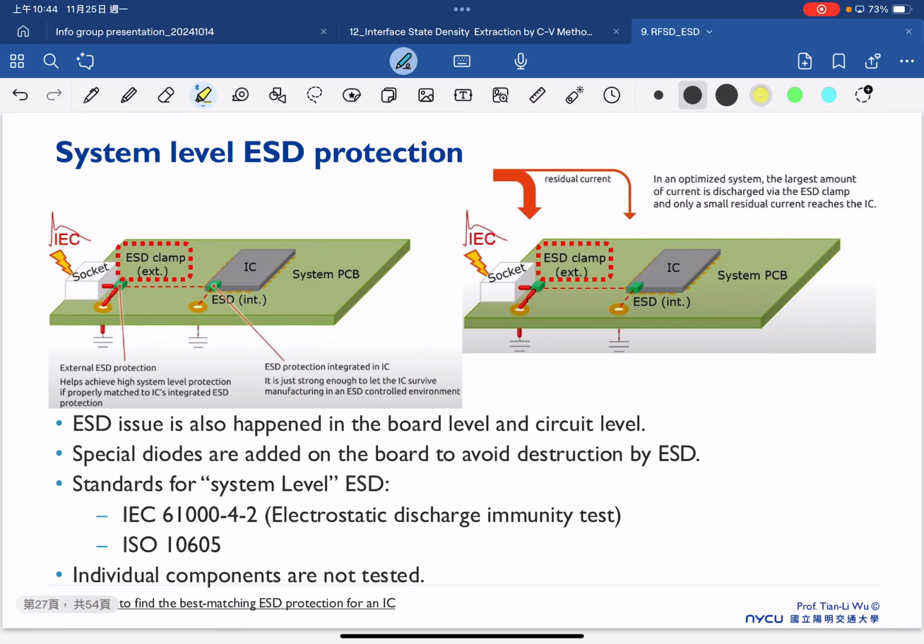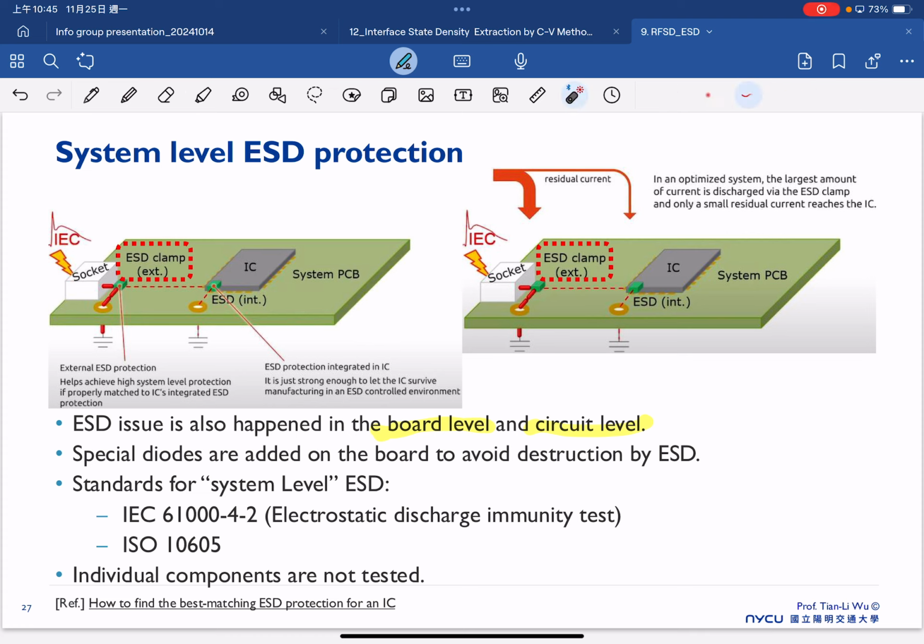Then the next topic is system level ESD protection. In the case of system level, the ESD issue is not only happening in the device, but also at the board level and the circuit level here. So we usually need special designs that try to prevent the ESD from happening in the core IC.